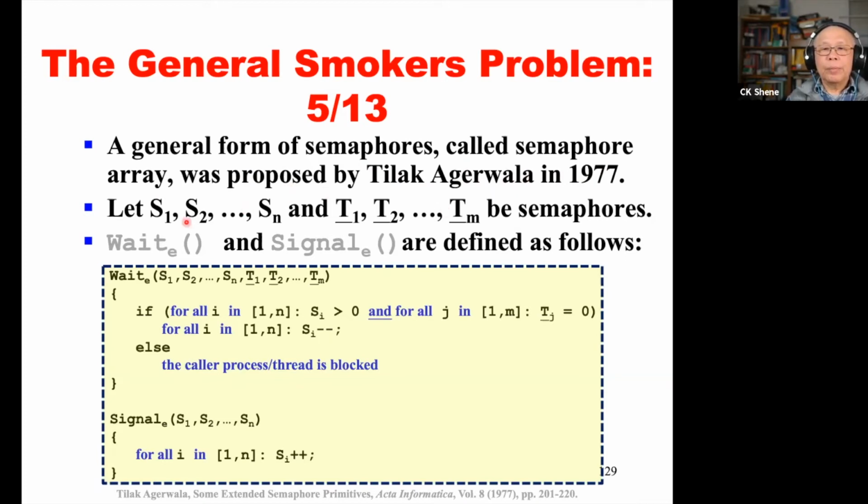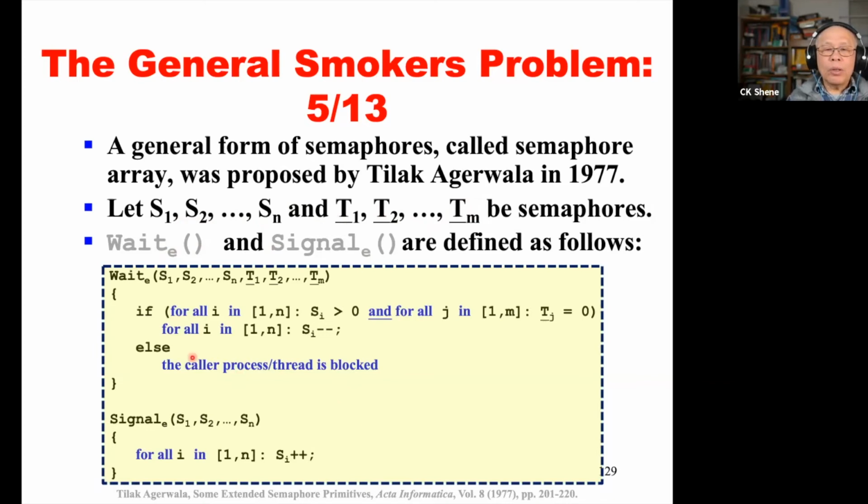So here we introduce two sets of semaphores, S1, S2, to Sn, and T1, T2, to Tm. So we have two sets of semaphores. Now we use waitE here. E means extended. waitE and signalE are defined as follows.